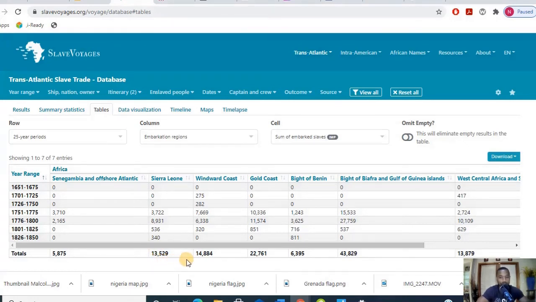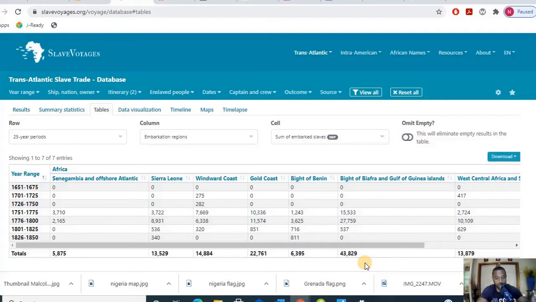So, if you look here, which African ethnic group was the most numerous to be transported into Grenada? Our winner is the Bight of Biafra with 43,829 Africans. Now the Bight of Biafra is what you consider southeast Nigeria, or even a little bit of North Cameroon.